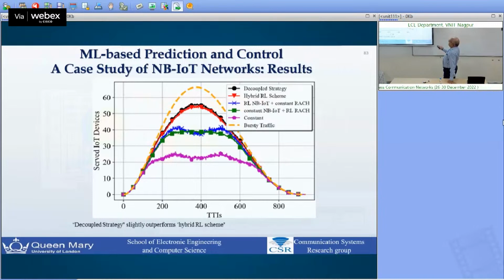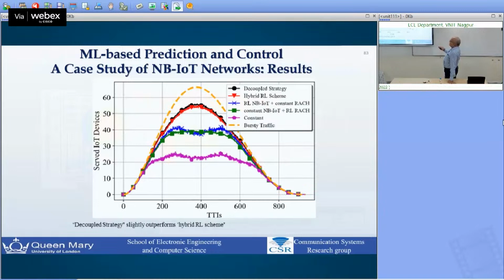The green one has the 9 parameters constant, only changing the 4 parameters. The blue one has the 4 parameters constant, only changing the 9 parameters. In these two, we change all 13 parameters. The red one has all 13 parameters changing, but not decoupled. The black one is decoupled with all 13 parameters changing.